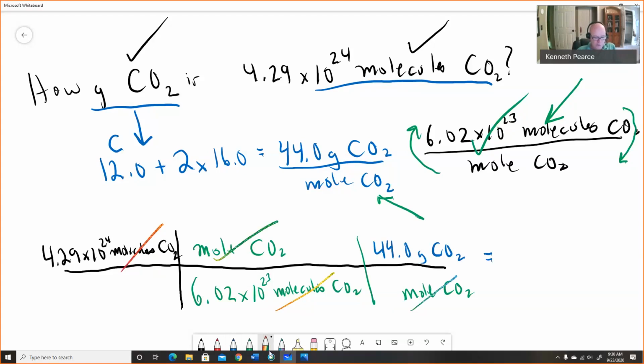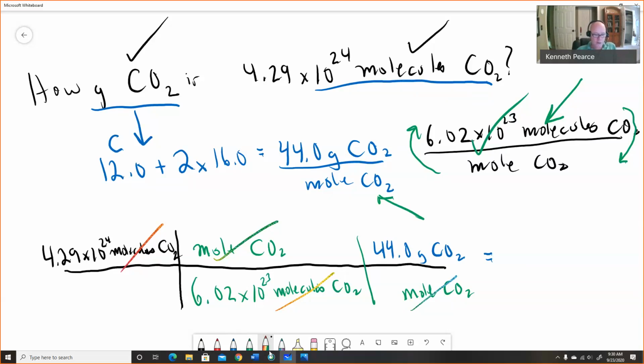I have to emphasize, don't try to memorize these setups. The best way to do it is just pull down what do you need, and then make sure everything cancels. And I'm putting in 4.29 times 10 to the 24th times 44, and then I'm going to divide by everything that's on the bottom. And there's only one thing on the bottom, that's 6.02 times 10 to the 23rd.